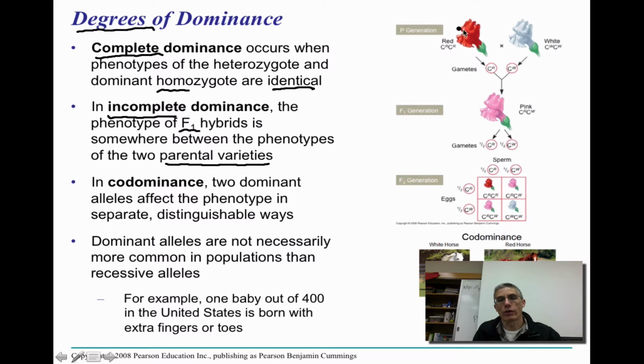They often use flowers, and when you look at these 2 flowers at the top, one is red and one is white. The red one has 2 capital letters, and we're using superscripts on these C's. The C represents the color, and the superscript represents the variety of that gene. So we have 2 capital R's, and in this one we have 2 W's.